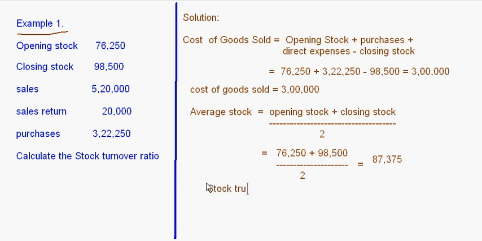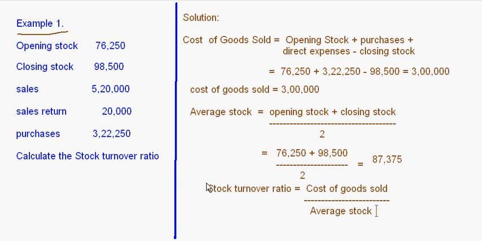So now we have to find out the stock turnover ratio. Now we have to apply the formula cost of goods sold upon average stock.